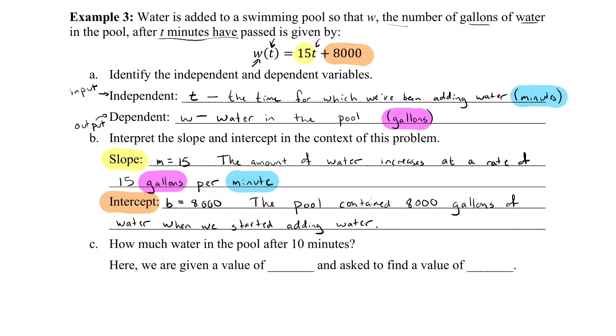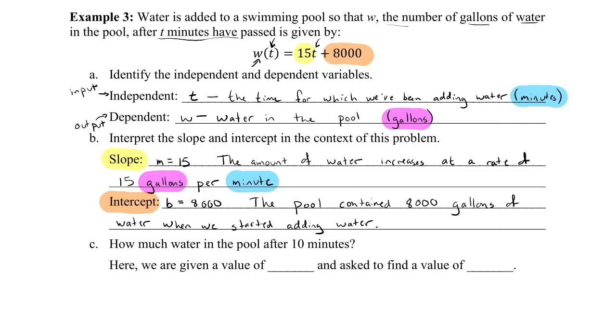So when we have an equation for a model, we can just look at the equation, and that gives us information about the situation. We can also use the equation plus algebra to answer more questions. So we can say how much water is in the pool after 10 minutes.